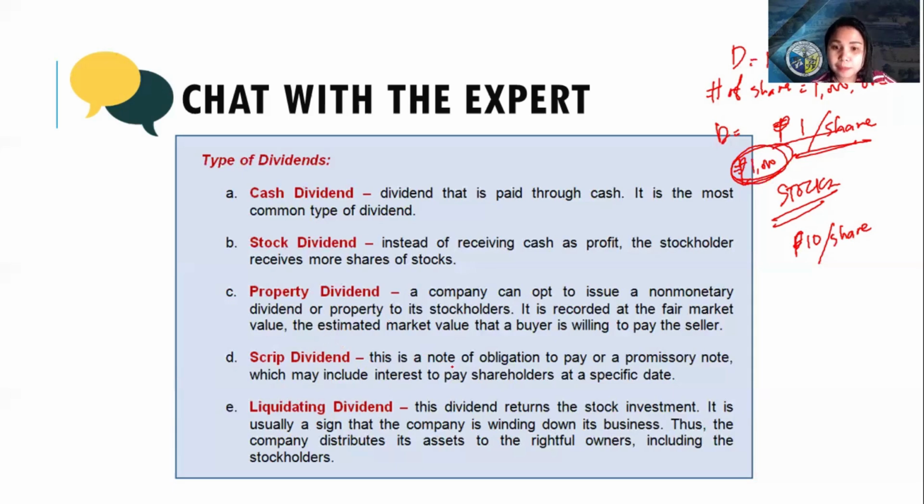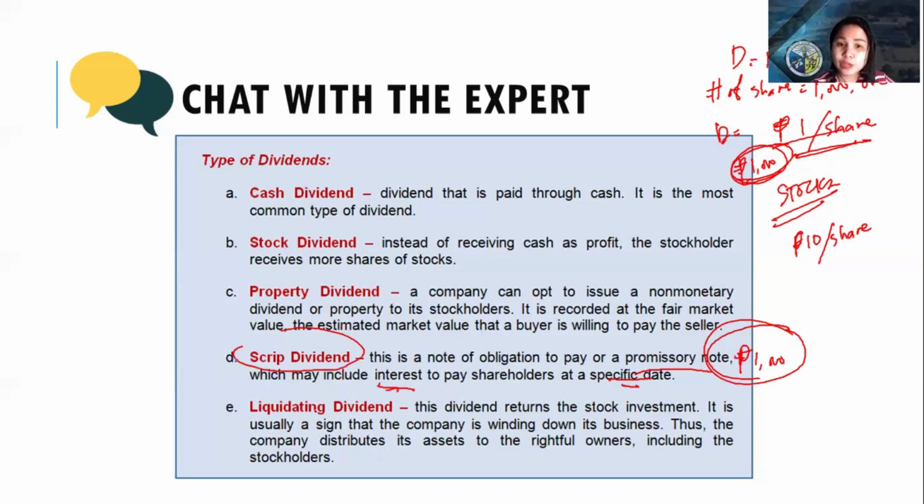This is a note of obligation to pay or a promissory note, which may include interest to pay shareholders at a specific date. For example, let's go back to your 1,000 possible dividend. But then the company could not pay you this much. So what will happen? They will make a promissory note that they will pay your dividend with a certain interest rate, example 10%, and when. That promissory note is called the scrip dividend.